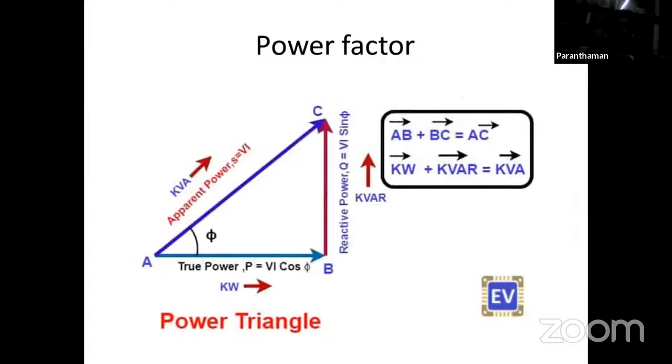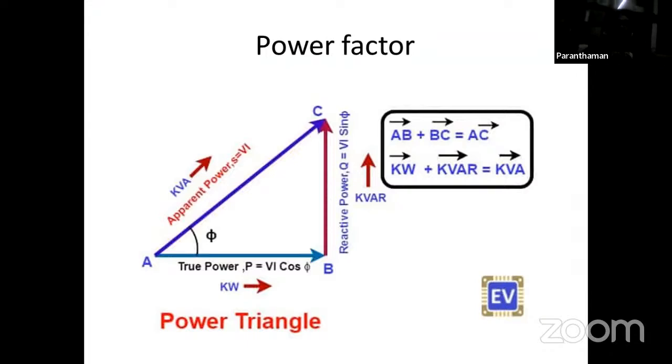The power factor. For the power factor and the KVA, KW, and all these things, we have to take the formula only, sir. Power is VI, that is voltage into current for DC. For AC, we have to multiply it with the power factor, that is cos theta.